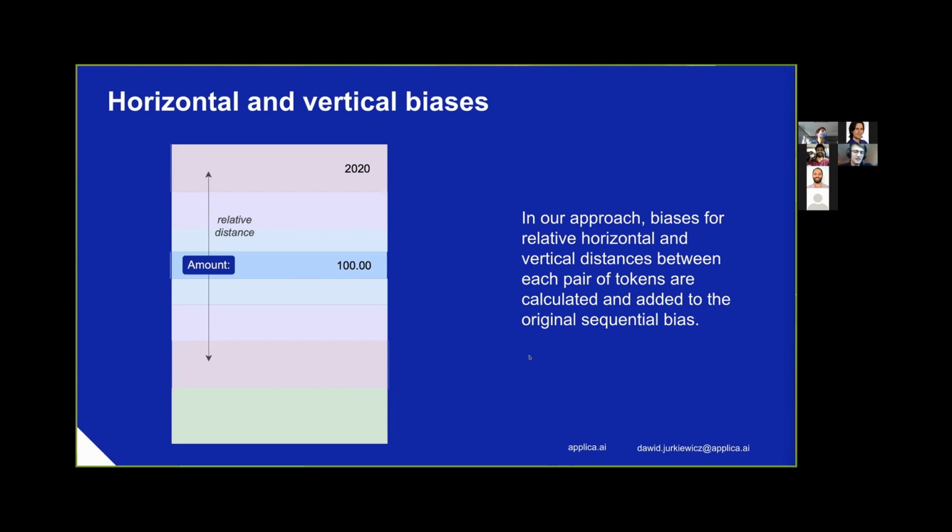Every bucket is associated with a learnable vector, which in the end is added to the corresponding logit used for computing the attention weights. In the picture, we can see a document with distinguished buckets for the amount token.